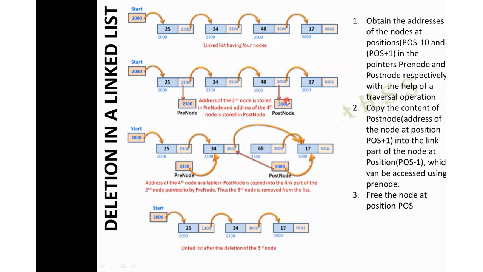Then, what they didn't show here is the pre node. The value 3500 we will move out and keep it in the temp node. This 3500 we will move to temp.